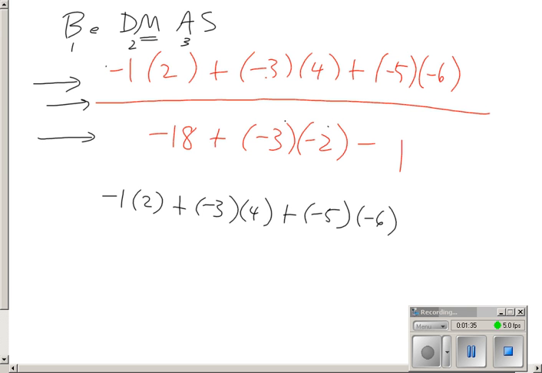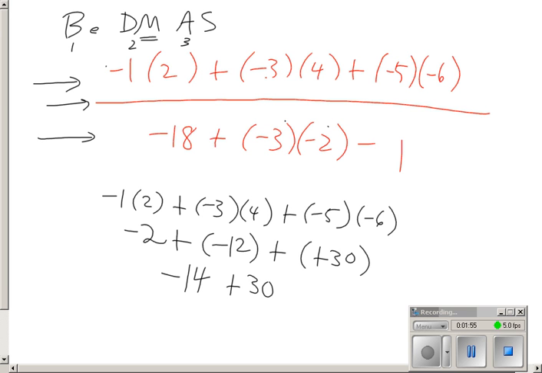So the first one is -1 times 2, that's -2, plus -12, which is -3 times 4, plus +30. And I'll keep the brackets there just to make it nice. So I'm done with all my multiplication. I have just addition left. So I have -14 plus 30, which gives me a +16.